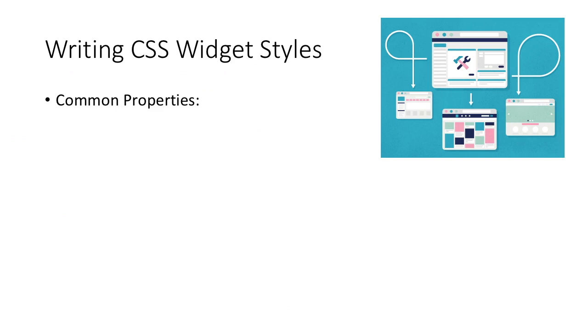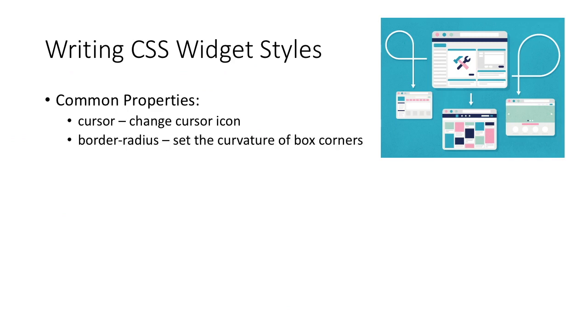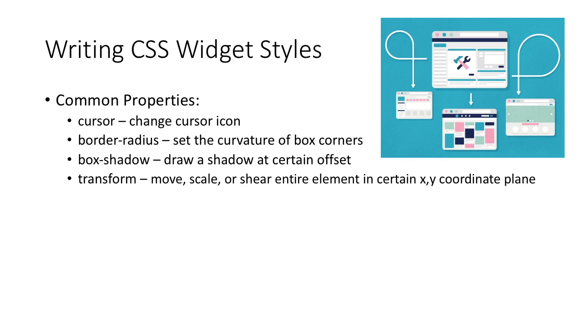The way they create these frameworks, they use a lot of common CSS properties. They'll use the cursor property to change the cursor icon, and border radius, which changes the curvature of the box corners of your element, which I'll show you in a minute. Box shadow draws a kind of silhouette. You set the offset for your element, and it'll draw a little box around it, giving it a shadow effect.